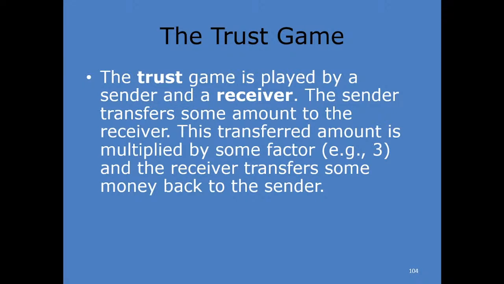Now, unlike in the previous game that stopped at the second iteration, either acceptance or rejection, here there's an interesting twist. First of all, the game can continue, and also there's some kind of social bonus in this act of trust.